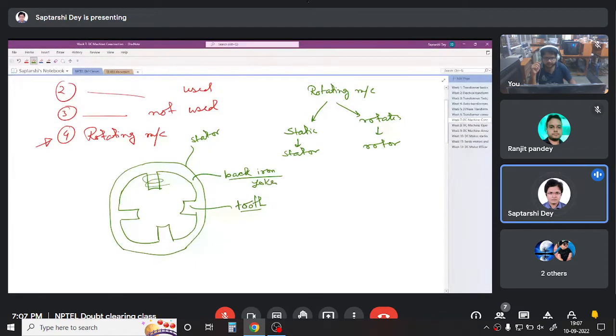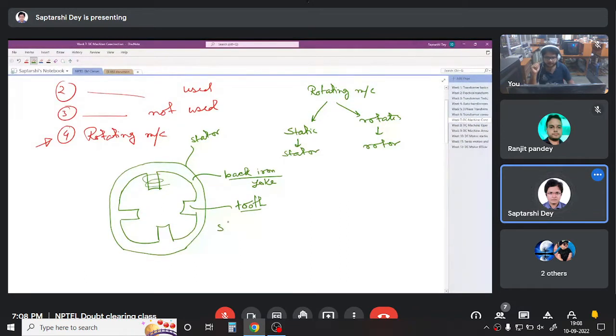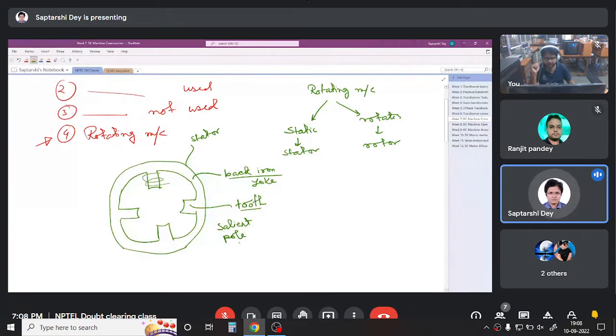Both are used. So if you see that these teeth are clearly visible protruding out of the back iron, this kind of structure is called salient pole structure.